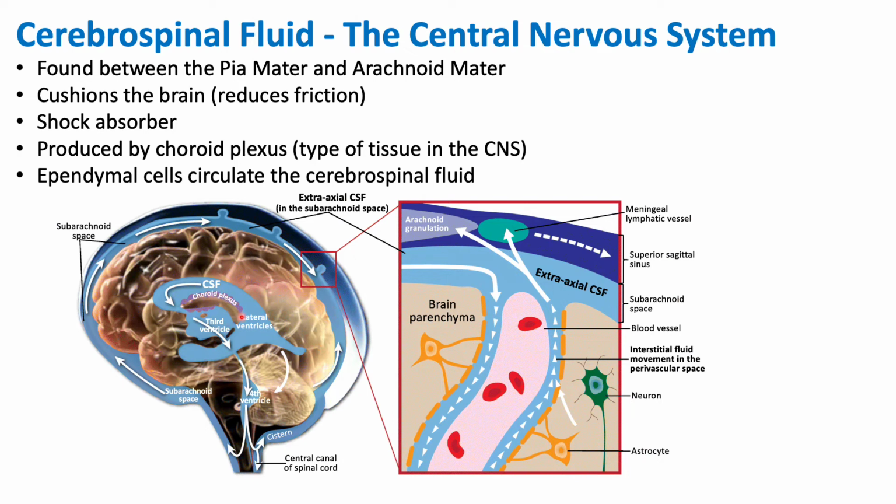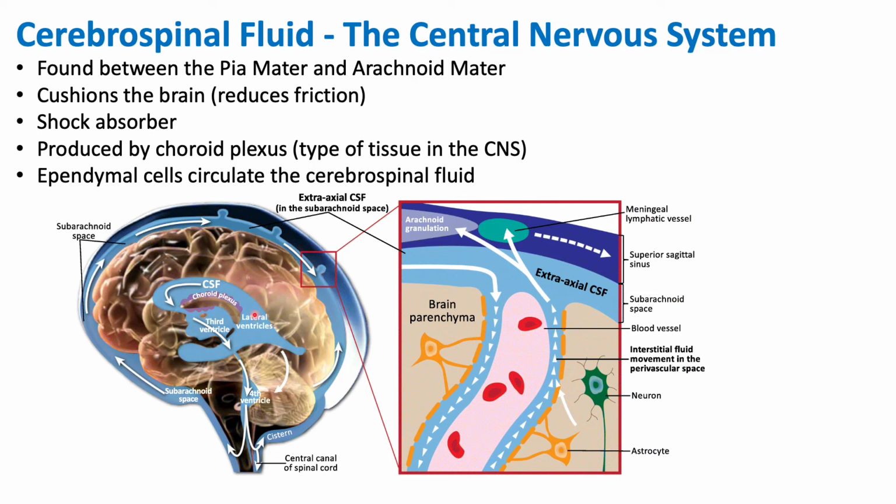The choroid plexus will produce that cerebrospinal fluid, which will move through these ventricles, and then enter that space between the pia mater and the arachnoid mater. Then it'll act as the cushioning shock absorber barrier. So once again, the cerebrospinal fluid is produced by the choroid plexus in this fluid-filled space of the central nervous system, which we call our ventricles.